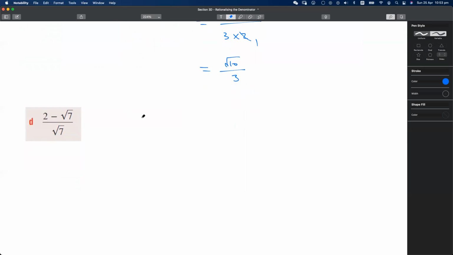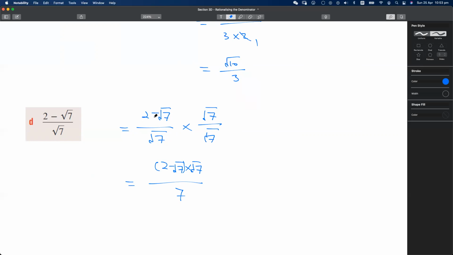D, 2 minus root 7 over root 7. So for this one, we're going to multiply by root 7 over root 7 to get rid of root 7. So brackets 2 minus root 7 times root 7 over root 7 squared, which is 7. If you multiply by root 7, remember this entire thing is multiplied by root 7.